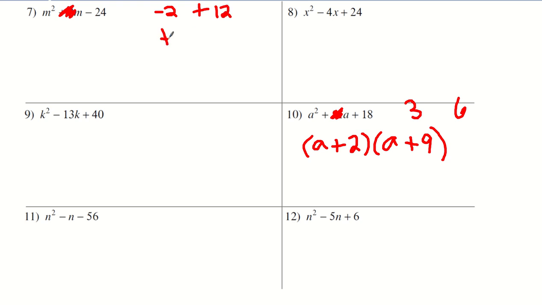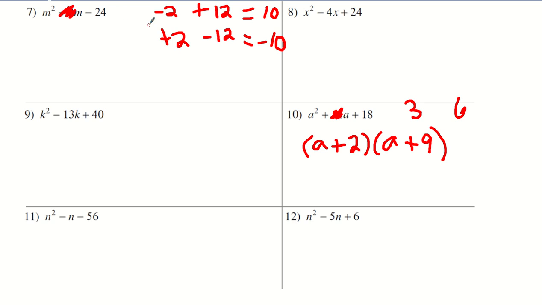But also positive 2 and negative 12, right? That's another different answer. And so when you add these numbers together, here you get positive 10, here you get negative 10. So if this was like a positive 10, we'd be good to go. So there's an answer. If this number here was a negative 10, we'd also be good to go.